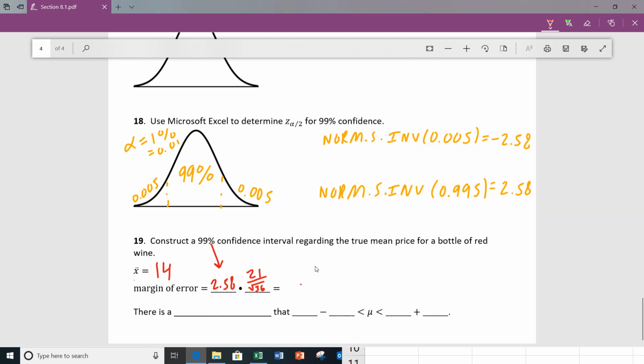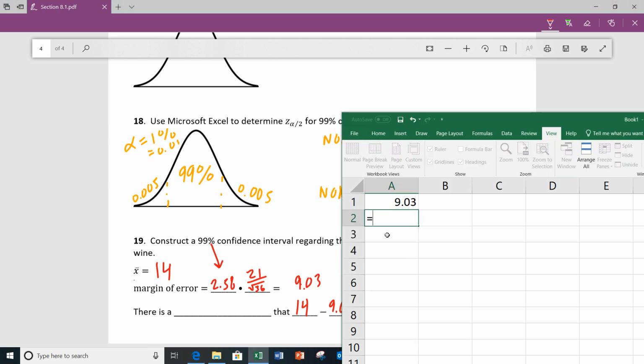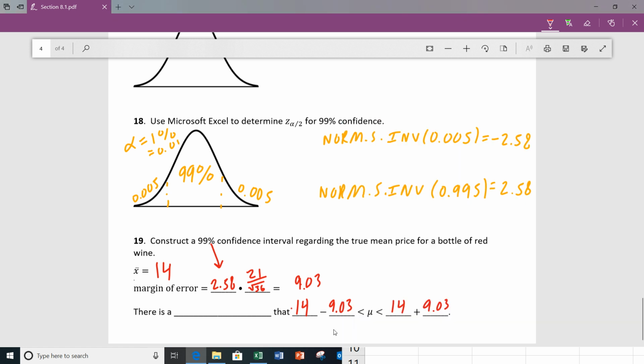So this is 9.03. And then I'm going to do 14 minus 9.03, and then 14 plus 9.03. So 14 minus 9.03 is 4.97, and then here we have 23.03.